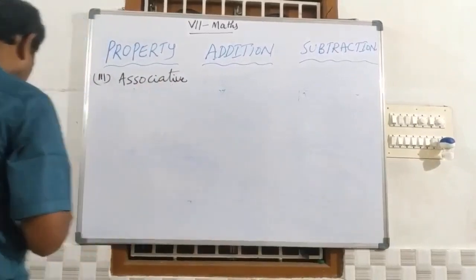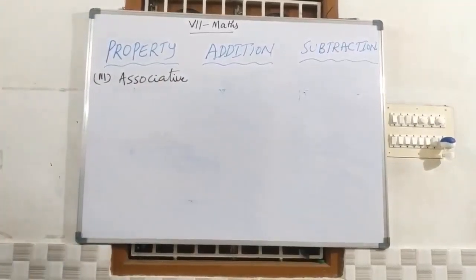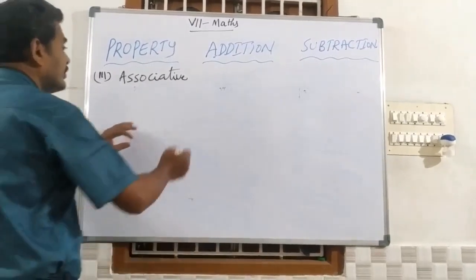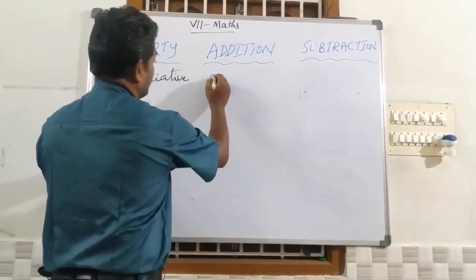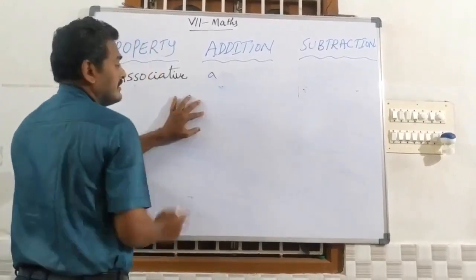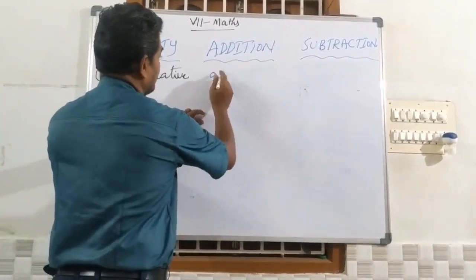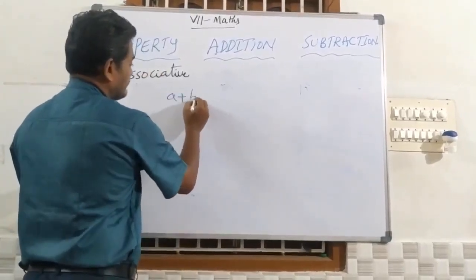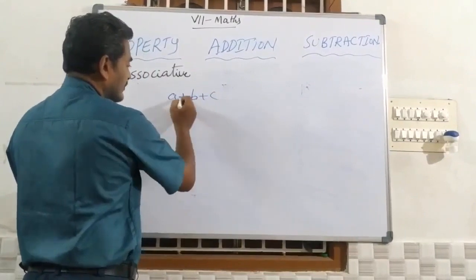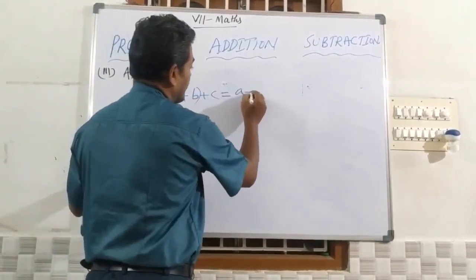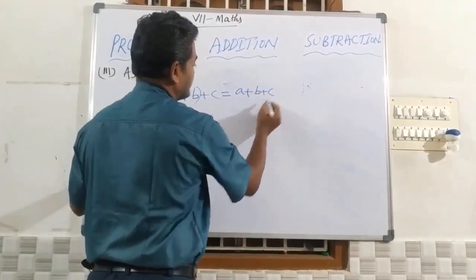Associative property under addition. So what is the condition? A, B and C are any three integers, then A plus B plus C equal to A plus B plus C.